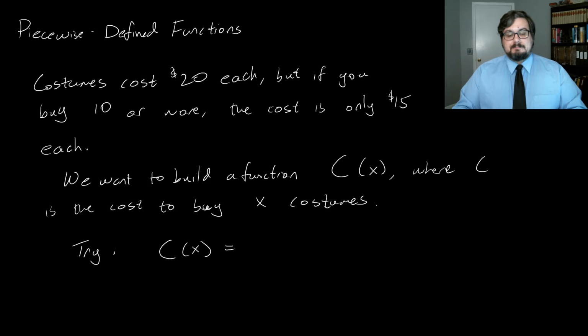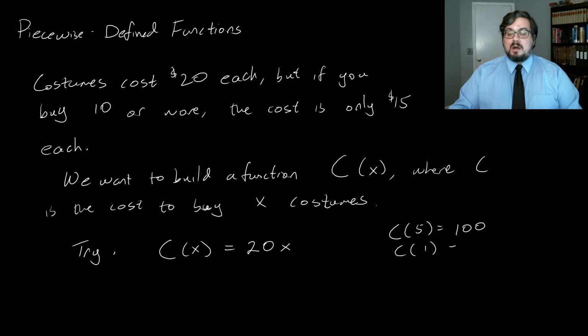So if I want to buy, say, 5 costumes, I calculate my cost by taking the price times the number of costumes. We could try saying that the cost of buying x costumes is 20 times x. And so this would tell us that the cost of buying 5 costumes is 100, which works.